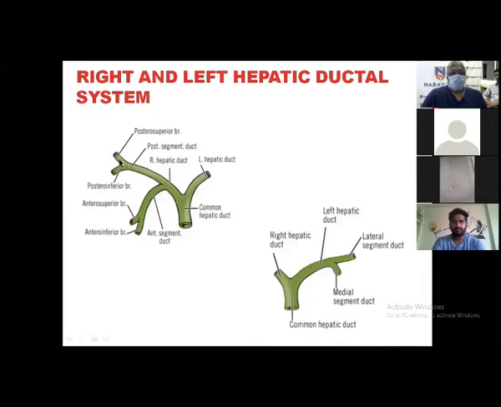Next, this is the posterolateral duct, which again divides into 6 and 7. The whole thing contributes to the right hepatic duct. This is the left hepatic duct. The left hepatic duct has a longer transverse course extrahepatically compared to the right duct. The right duct immediately dips in, whereas the left duct has a good transverse course. Then it becomes the segment 3 duct, the lateral segment and the medial segment. That is the whole confluence, which then becomes the common hepatic duct.